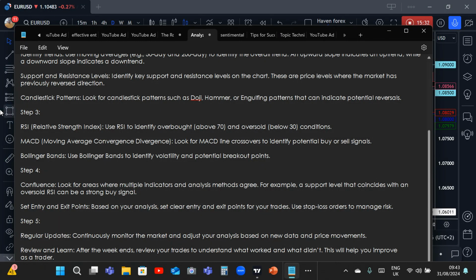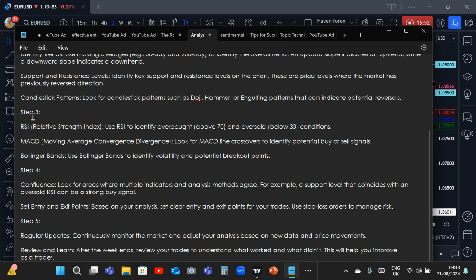All right. Then step three is the RSI, Relative Strength Index. This is used to identify overbought and oversold conditions. The RSI, I've taught before, I really delved into RSI.